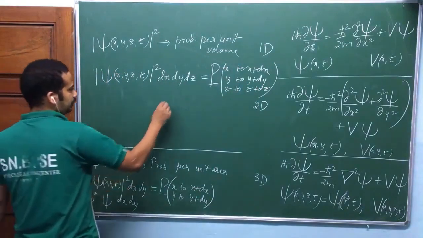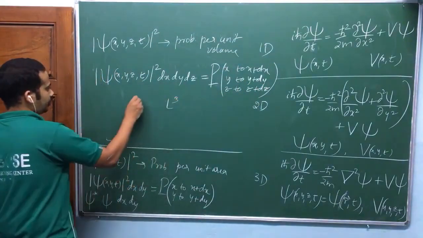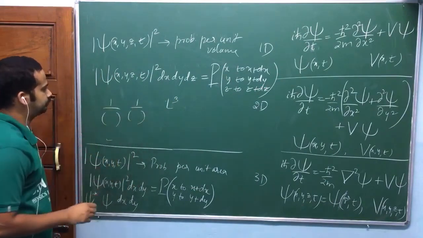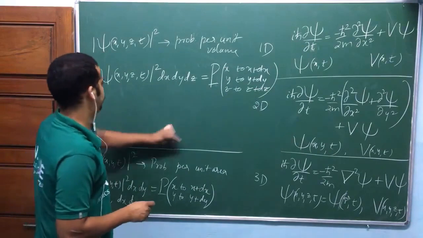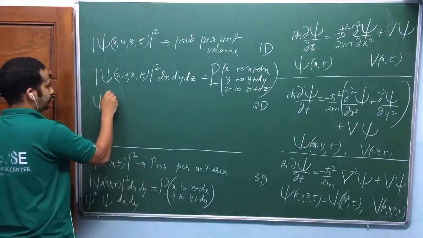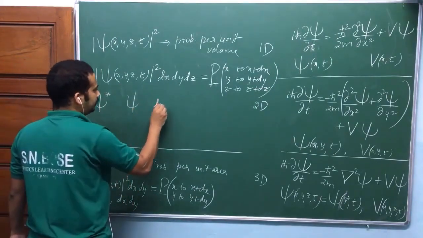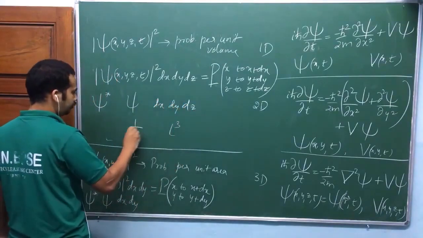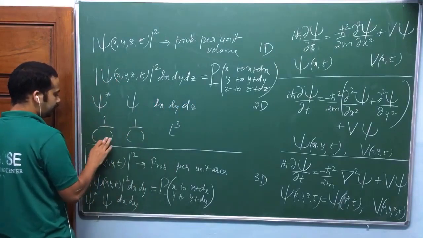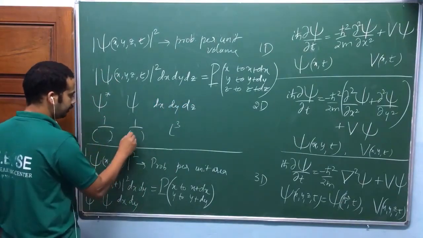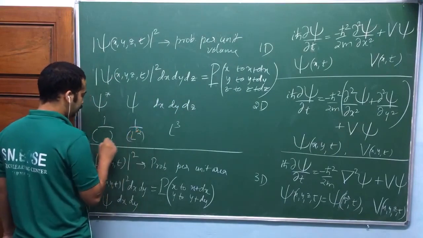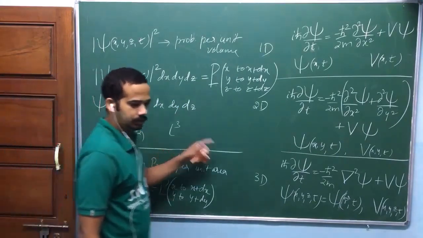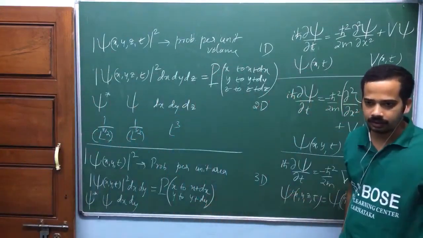So psi star psi dx dy dz is length cube, so psi is 1 by something. When I multiply, I should get 1 by length cube. That's why this should be length raised to 3 by 2, so that when you multiply, you will get length raised to 3. It will get cancelled. Okay?